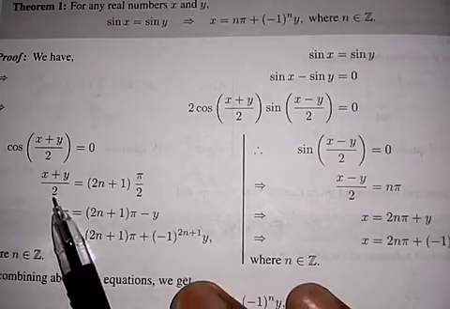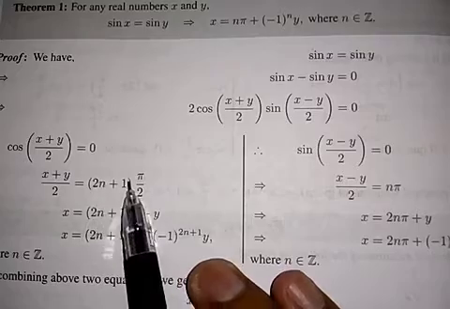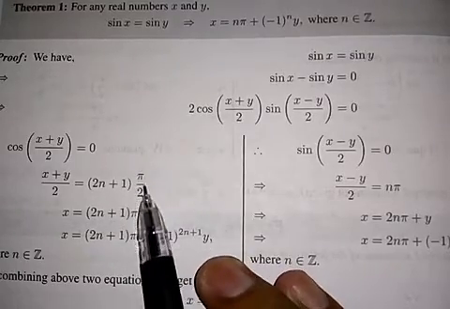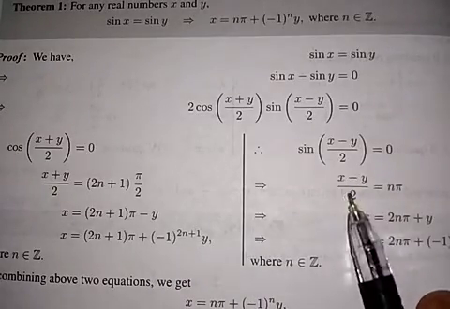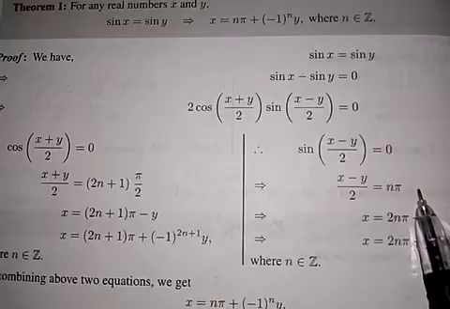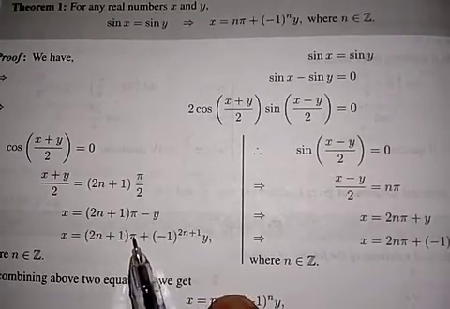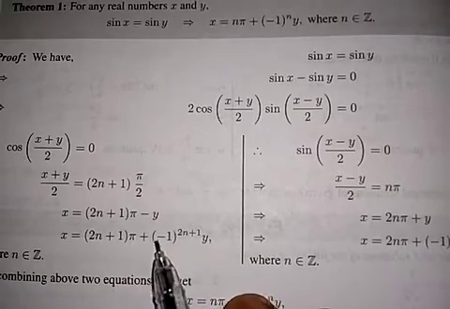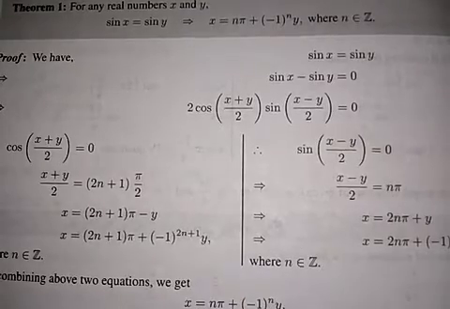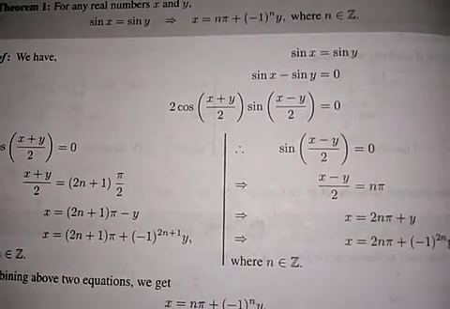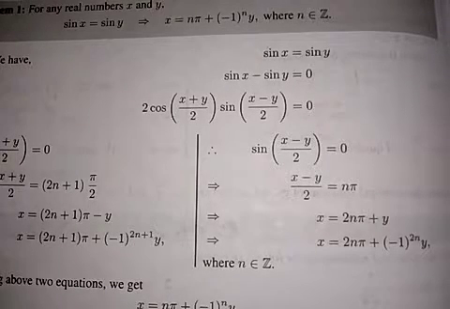Then we can write here value of x plus y by 2 equal to 2n plus 1 into pi by 2 from the above definition. Similarly, we can write here x minus y by 2 equal to n pi. After simplification, we have x equal to 2n plus 1 into pi plus minus 1 power 2n plus 1 into y, and x equal to 2n pi plus minus 1 power 2n into y.